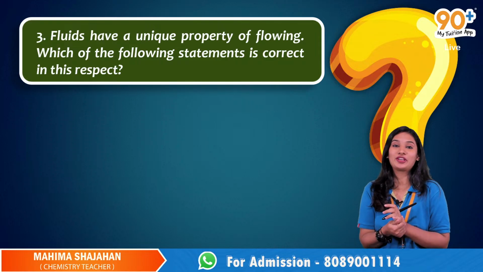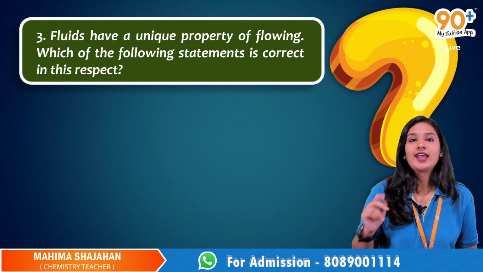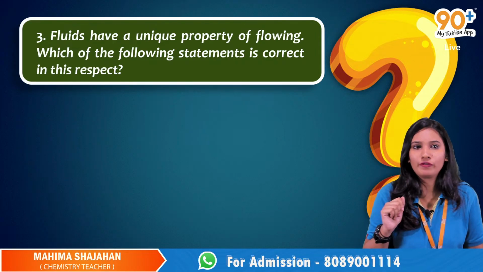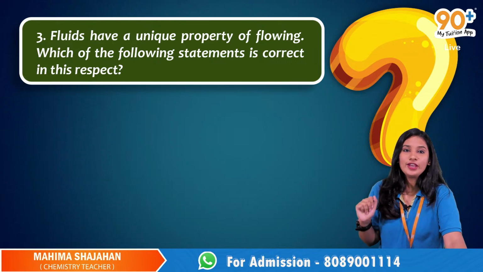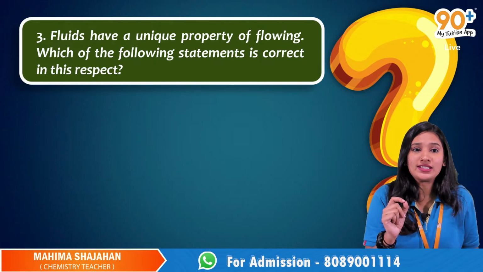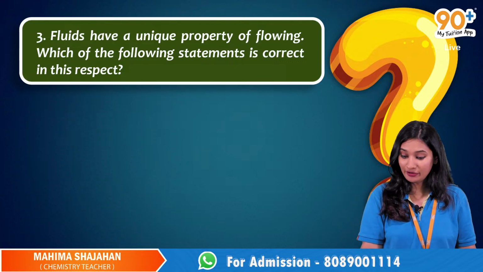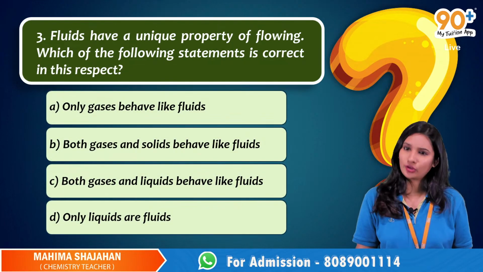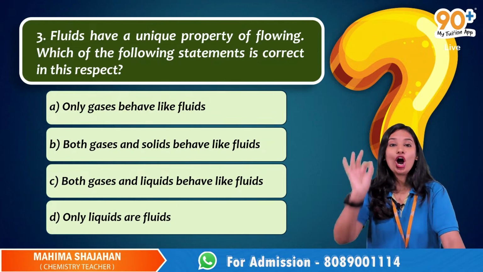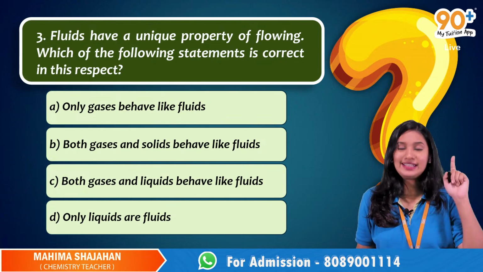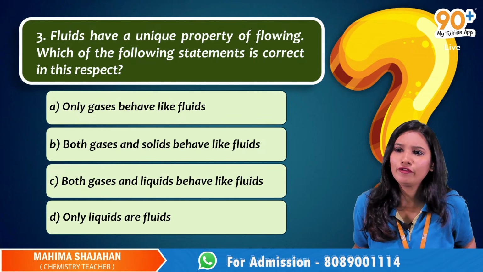Here you go, third question. Fluids have a unique property of flowing. Which of the following statements is correct in this respect? Let's see the options in detail. Option A, only gases behave like fluids.